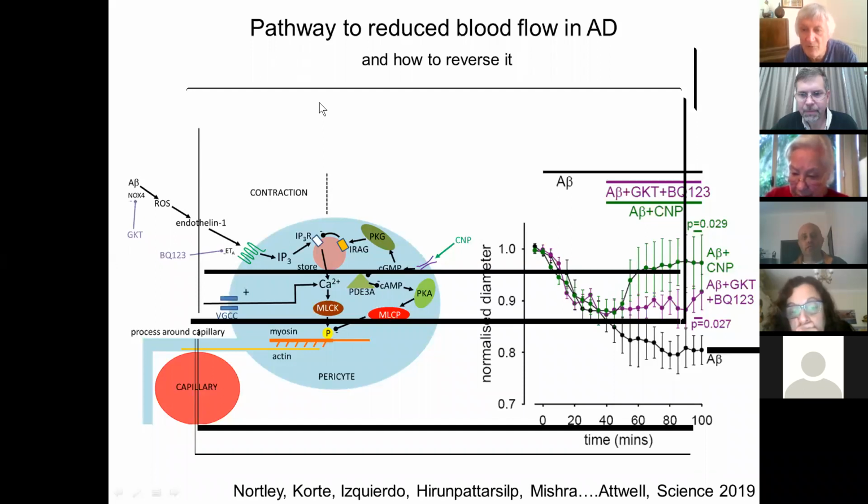You would probably want to somehow target the drug to act specifically on the pericyte. Maybe it's just a fantasy, but maybe you could have a drug which has got two ends to it, one which binds to the CNP receptor and the other which binds to a pericyte-specific receptor like PDGFR beta, something like that.